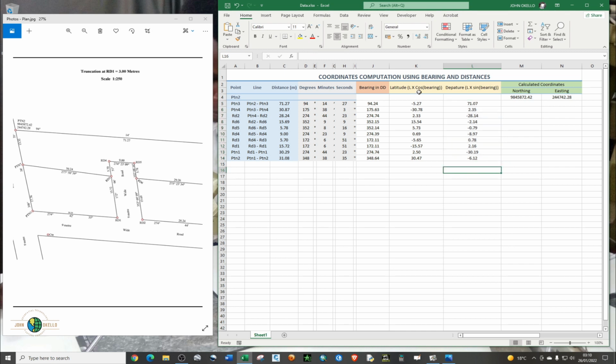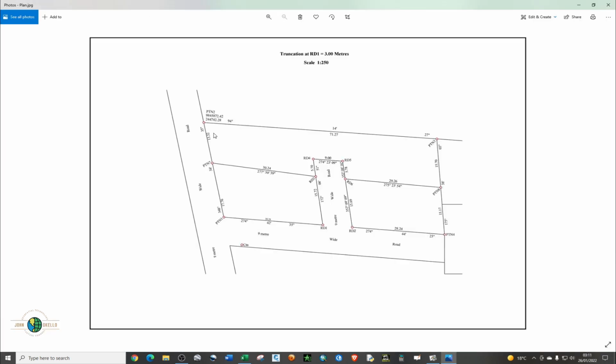Now that we have change in northing and change in easting, we're going to use these, the latitude and departure, to calculate the next coordinates. What I mean is, we are at this point between 2.